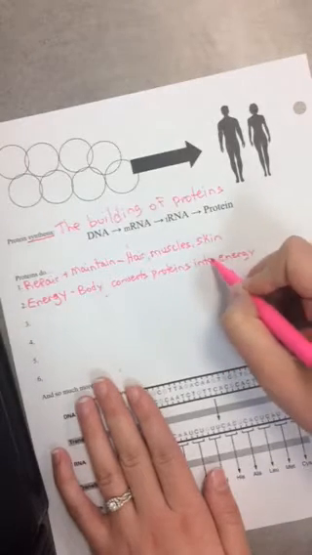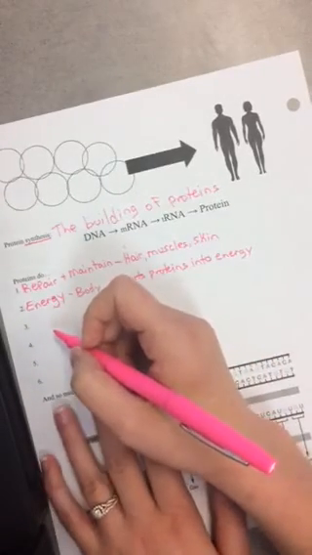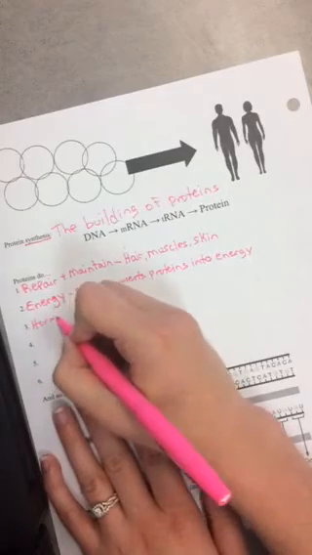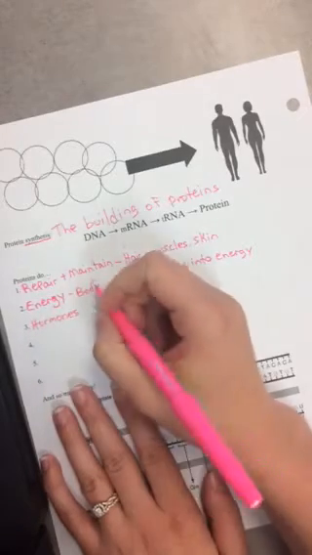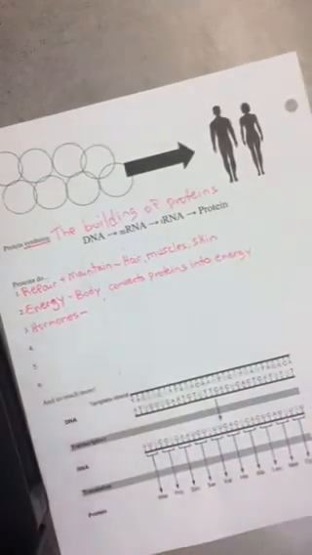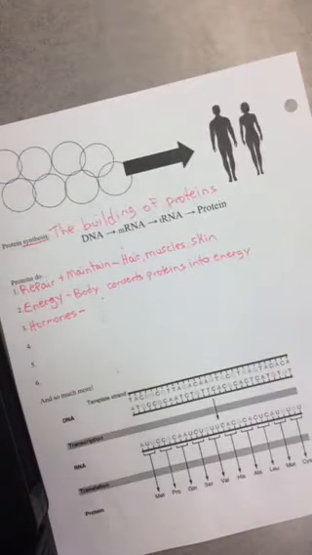The third thing that our body uses proteins for is hormones. Hormones are things that our body uses to function correctly. For example, we have to regulate our sugar intake, and that is what the protein insulin does.